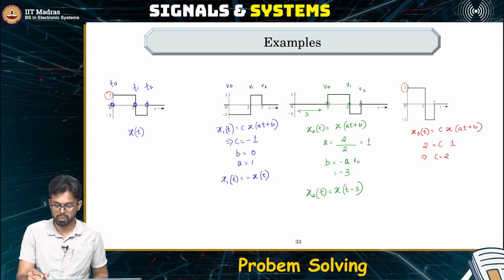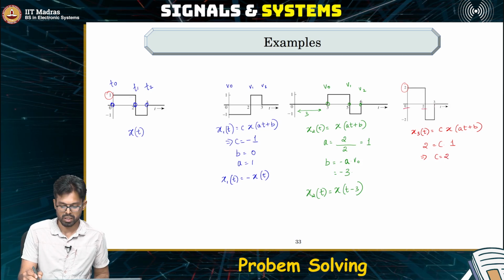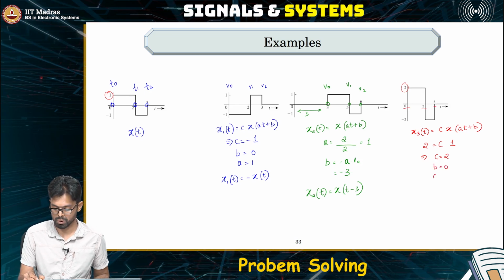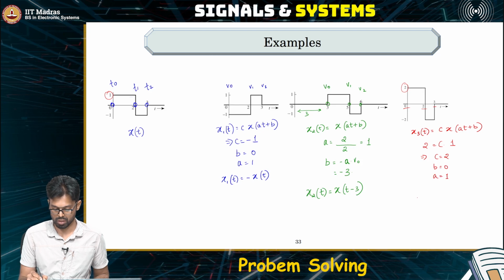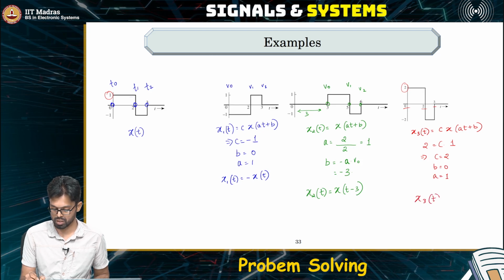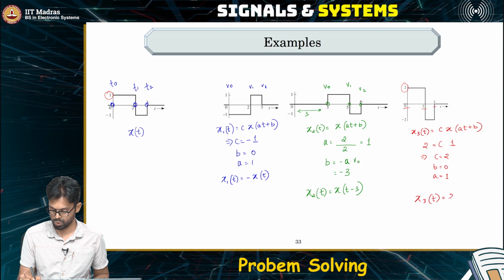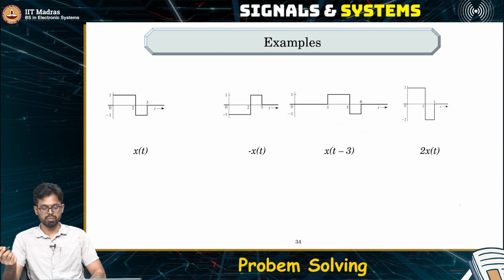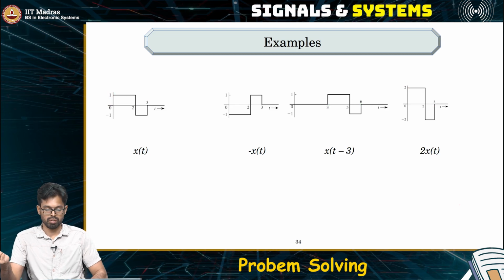And once again the critical points remain at the same time instances 0, 2 and 3, which means b is 0, a is 1, and the solution is just 2 times x of t. Simple. Okay, this is the solution we just derived.